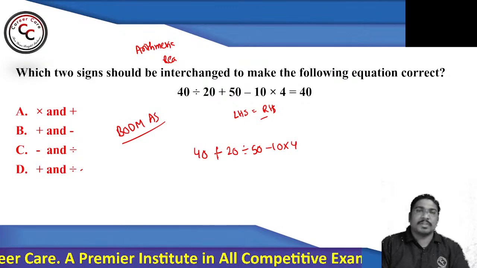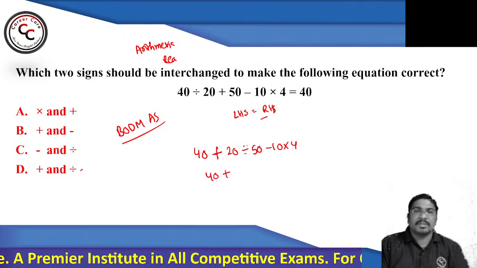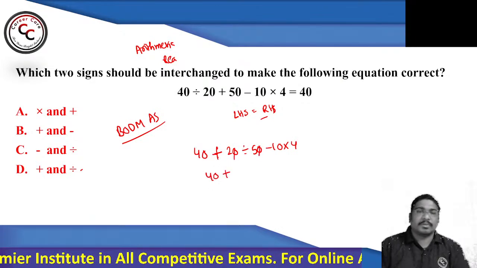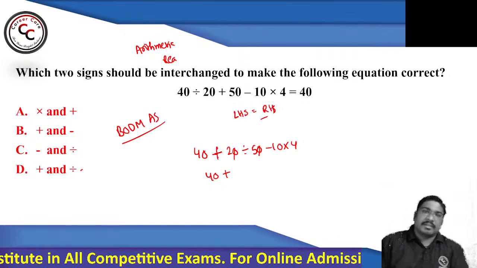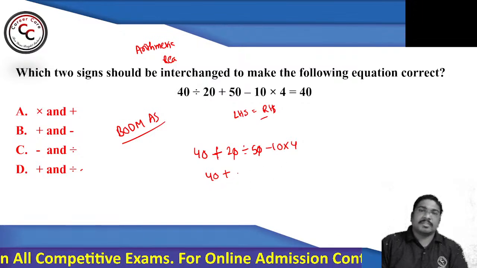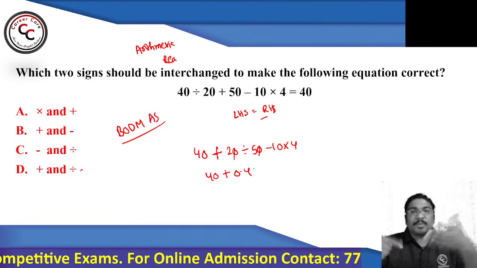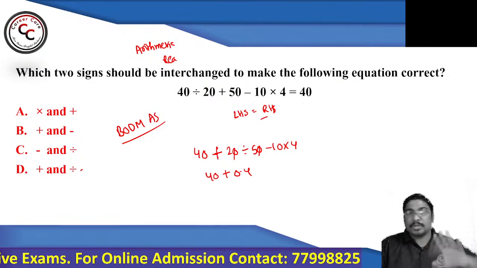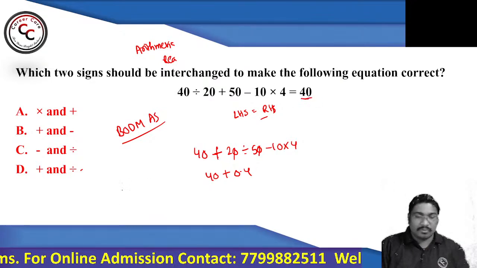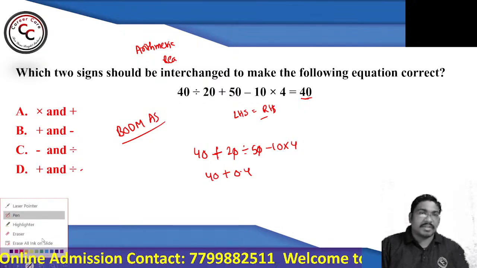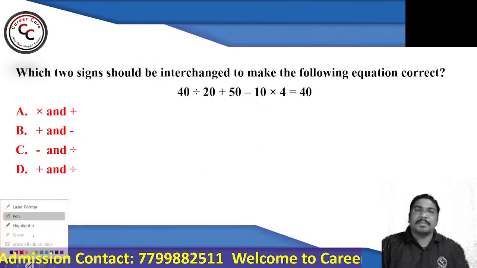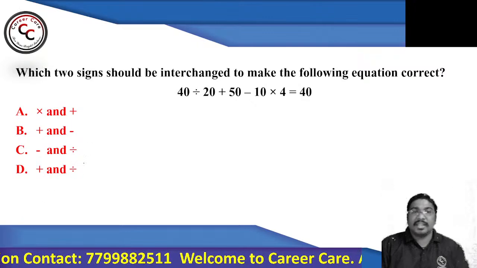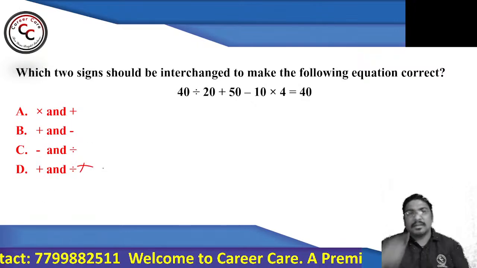According to BODMAS rule, first priority is for division. 40 plus 20 by 50, 2 by 5. Right? So 2 by 5 means you can simply say it is 0.4. That means I'm getting point values. But I don't want point values. I need to prove it is equals to 40. Right? So that's why you cannot take option number D. D, you can ignore.